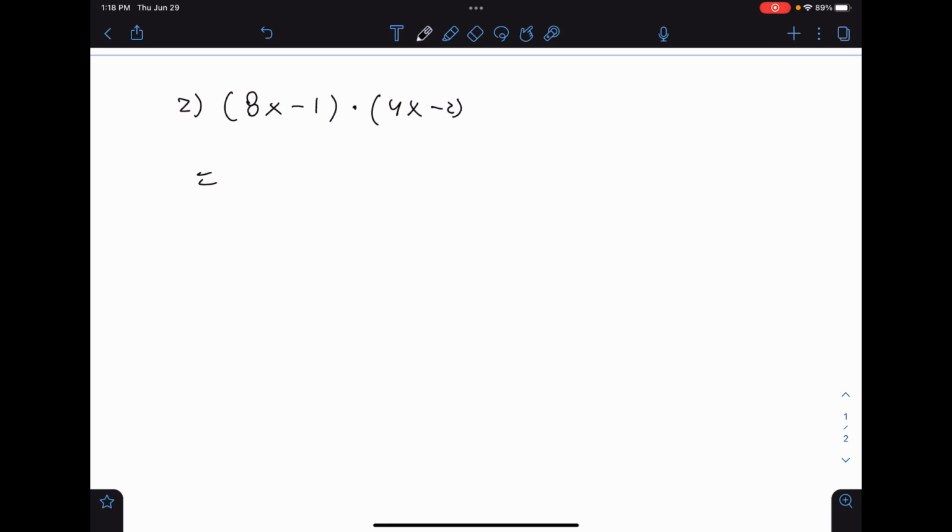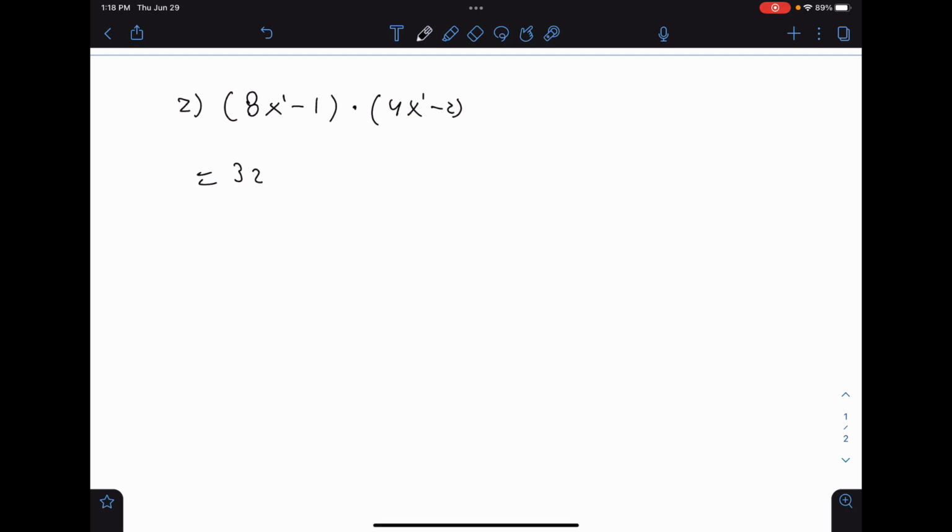So let's start with the first term, 8x. 8x times 4x. 8 times 4, 32. And we see that they have the same base here. So given that they have the same base and we're multiplying them together, we have to add the exponents.